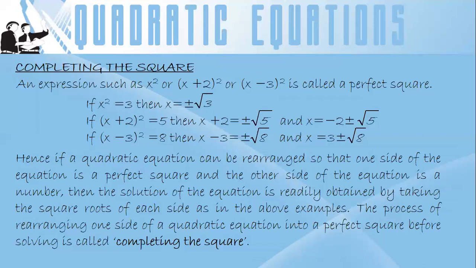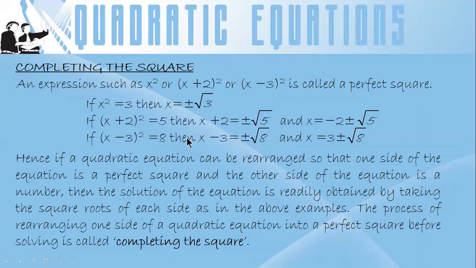If a quadratic equation can be rearranged so that one side of the equation is a perfect square and the other side of the equation is a number like this one, then the solution of the equation is readily obtained by taking the square roots of each side as in the above examples.